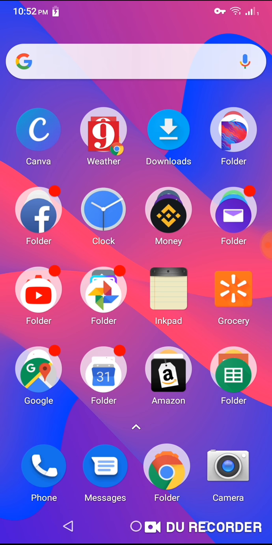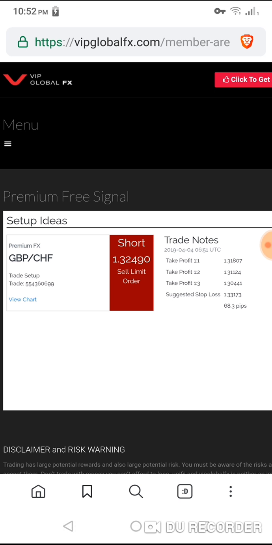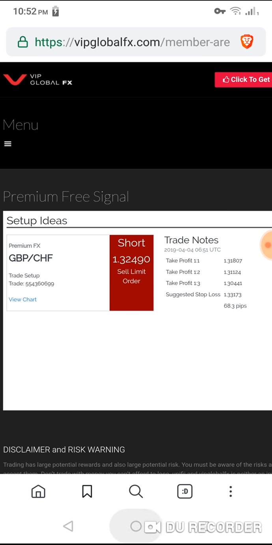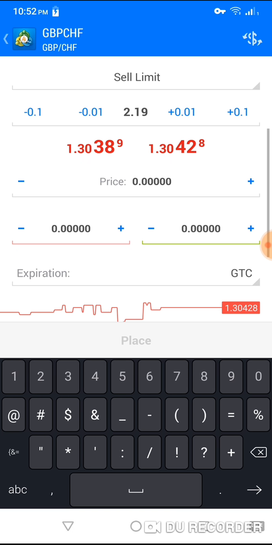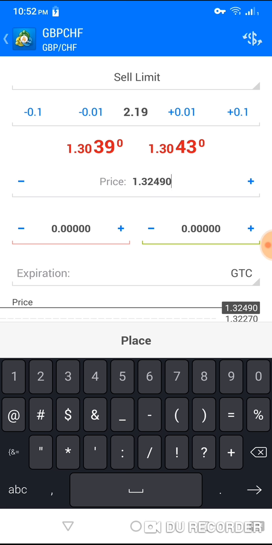So let's go back to our trade setup page. The price is 1.32490. We want to copy that. Go back to our MetaTrader 4. And where it says price, we want to paste that in. Okay, so now we got the price set.